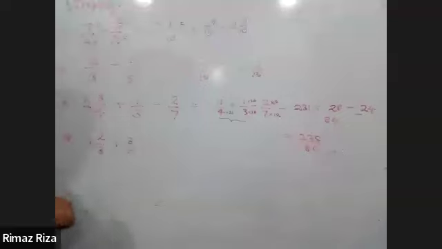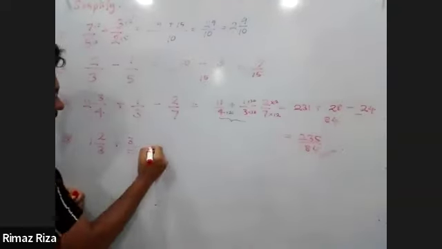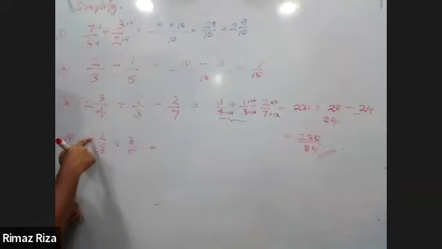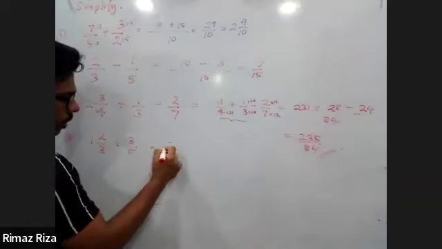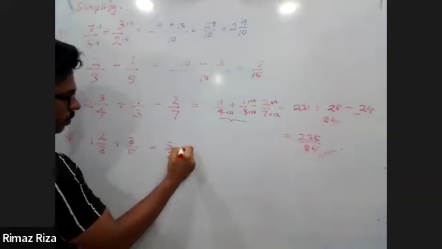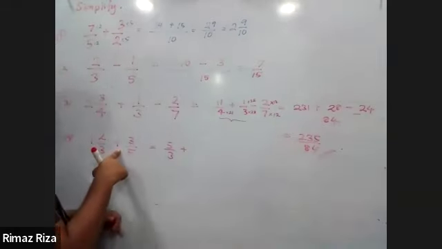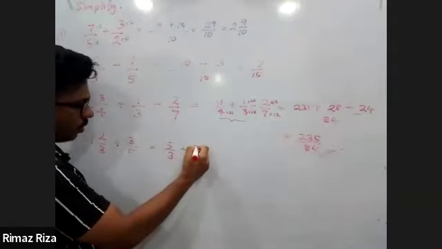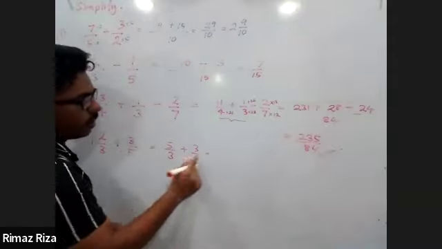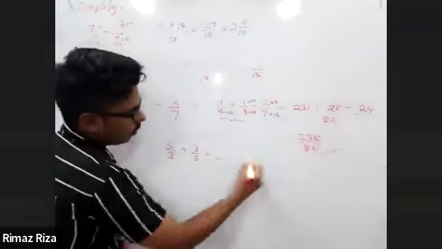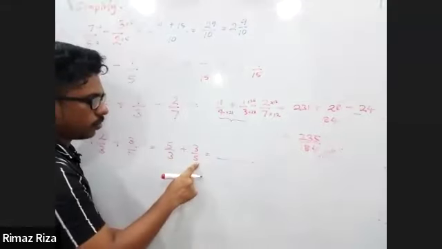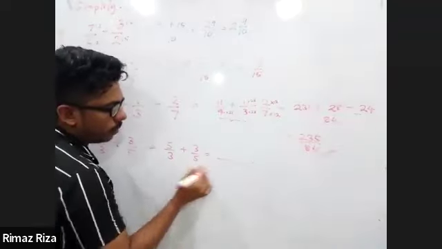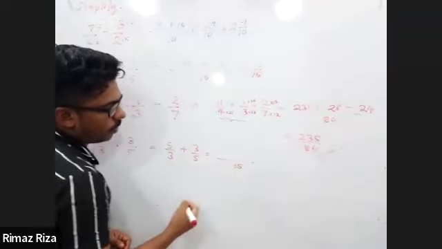And the last one is part C. So 3 into 1 is 3, and 2 is 5. So 5 over 3 plus here we have 3 over 5. The LCM of 3 and 5 is 15, because this is a prime number, this is also a prime number. Therefore, its LCM is simply the multiplication, 15.